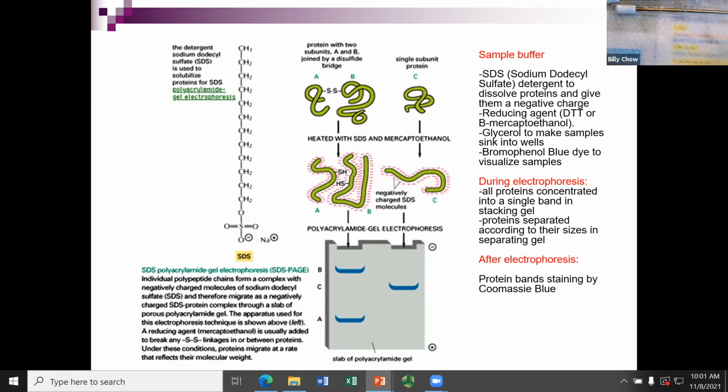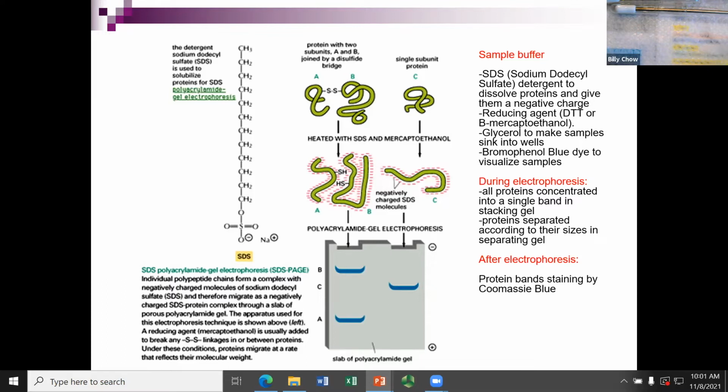Okay, so remember that. We also talk about the sample buffer. If you put in beta-mercaptoethanol or DTT, then you can run a reducing or non-reducing gel. Reducing gel is where you put in this reducing agent. So this is a protein that has two subunits interlinked by a disulfide linkage.